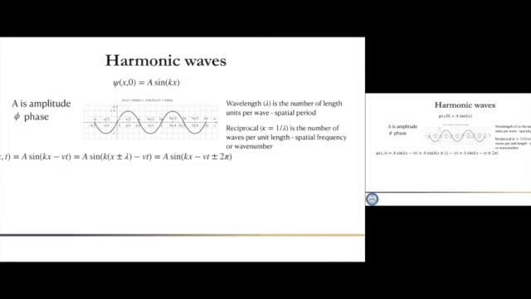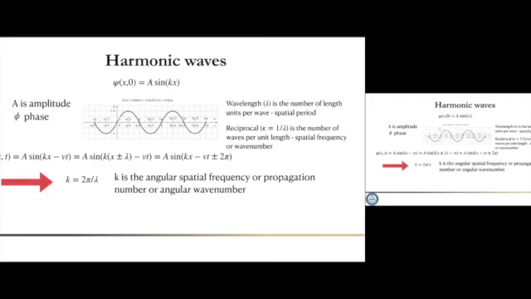So if I follow this chain of argument, at the same time, we know that by displacing it by lambda, we must also get the same wave back. And so we immediately get this condition, sine of kx minus vt plus or minus 2 pi, from which we get the condition that k is equal to 2 pi over lambda.